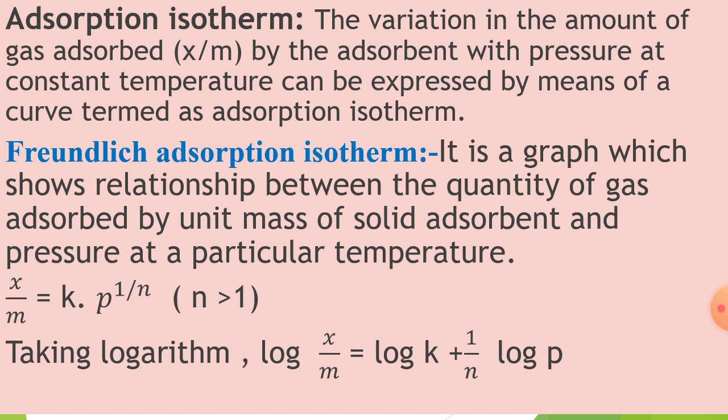Or you can also define it as a plot of x by m versus pressure at constant temperature, known as adsorption isotherm. Are you getting this? Here isotherm means the graph plotted at constant temperature. About isotherm and isobar, I also told you in class 11th, Unit 5, gaseous state.